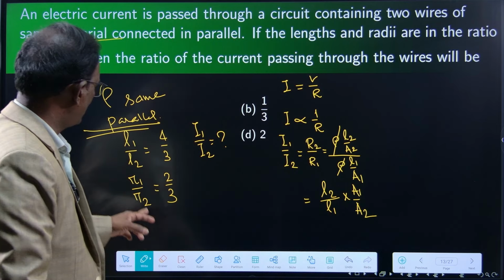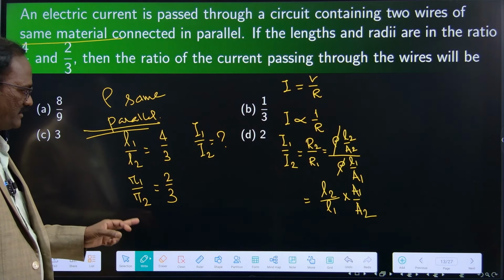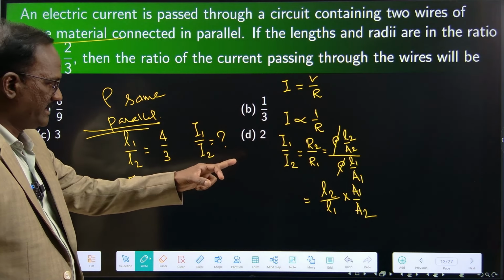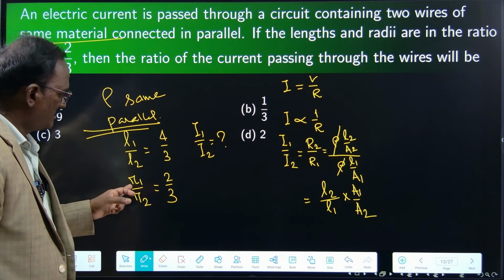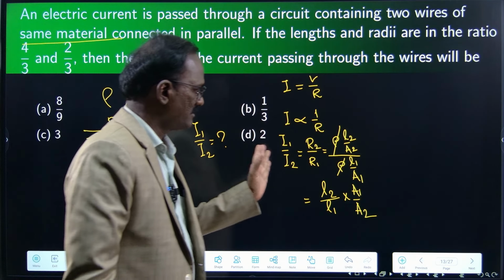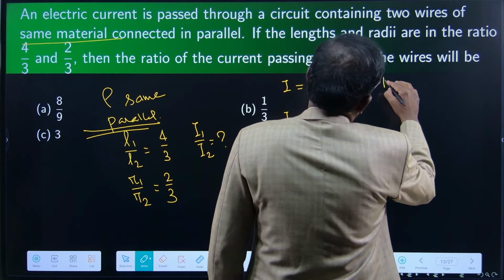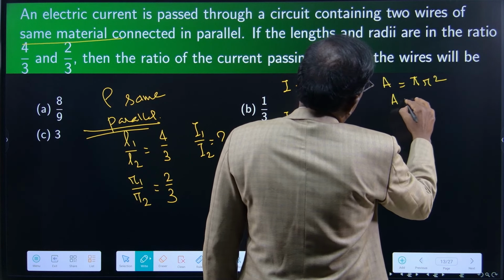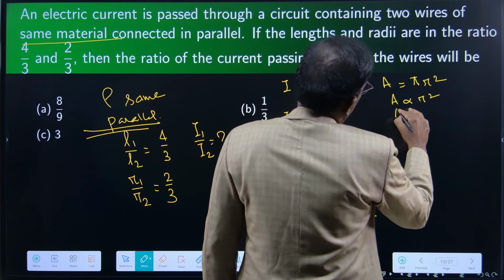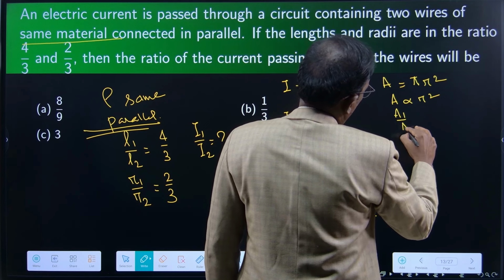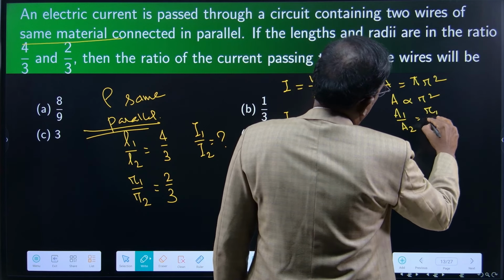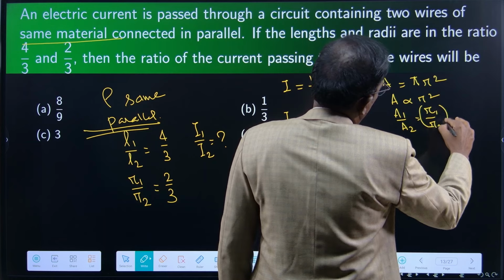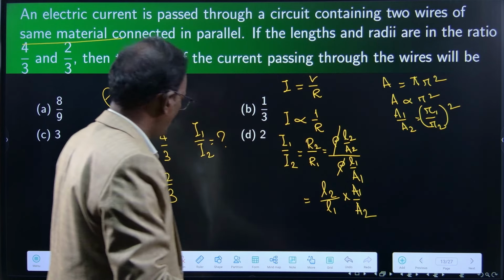L2 by L1 ratio is available, 4 by 3 straight away. But A1 by A2, cross sectional area, radius is given. So from radius we will see what is the area. Area is equal to pi r square, or A is proportional to r square. A1 by A2 is equal to R1 by R2 the whole square, right? Let me put it here.